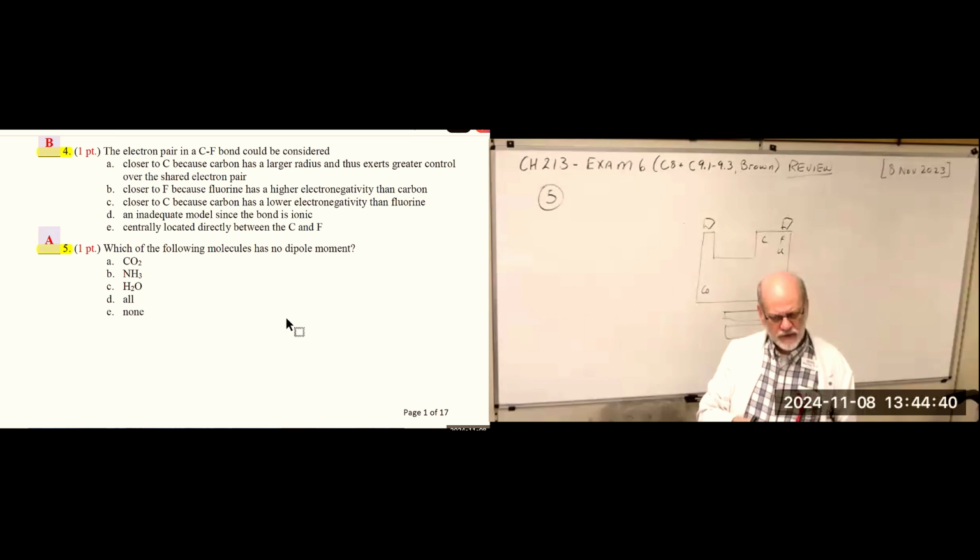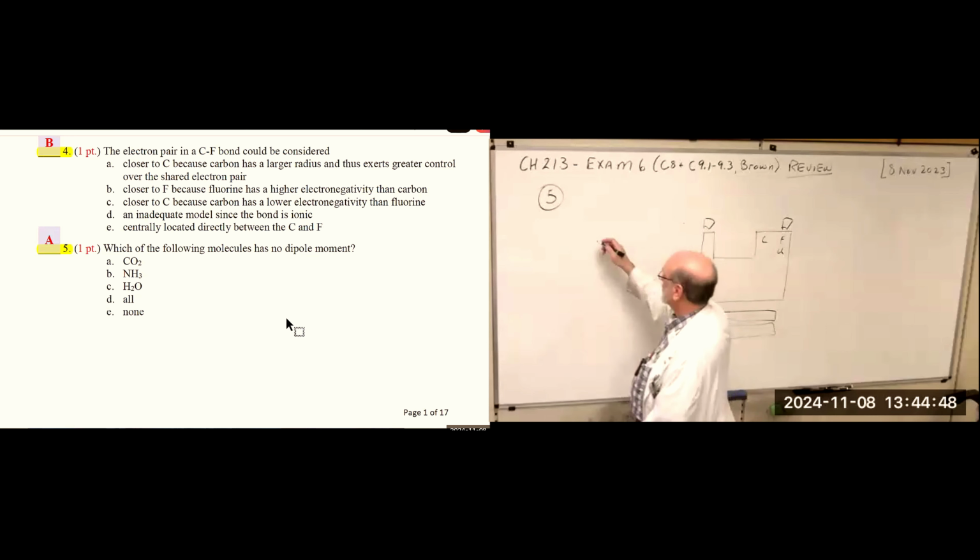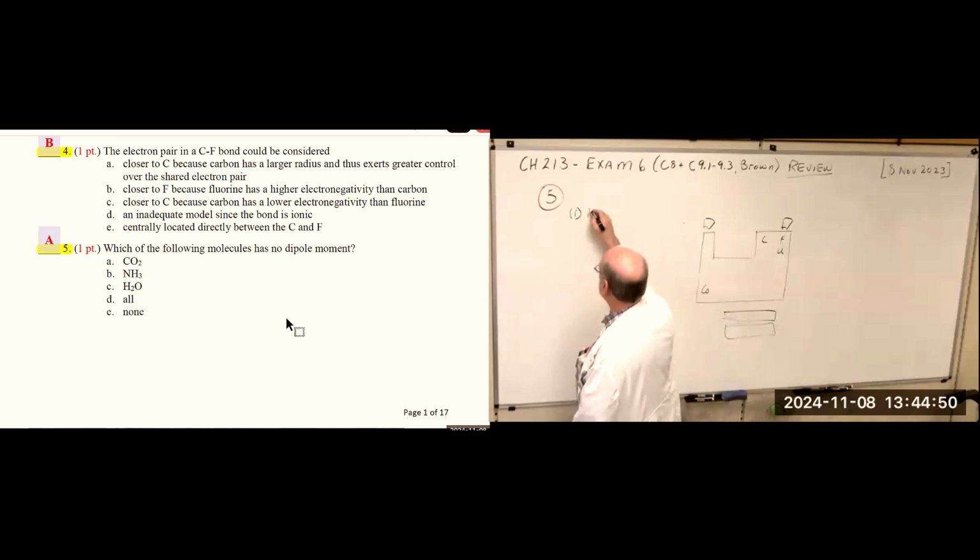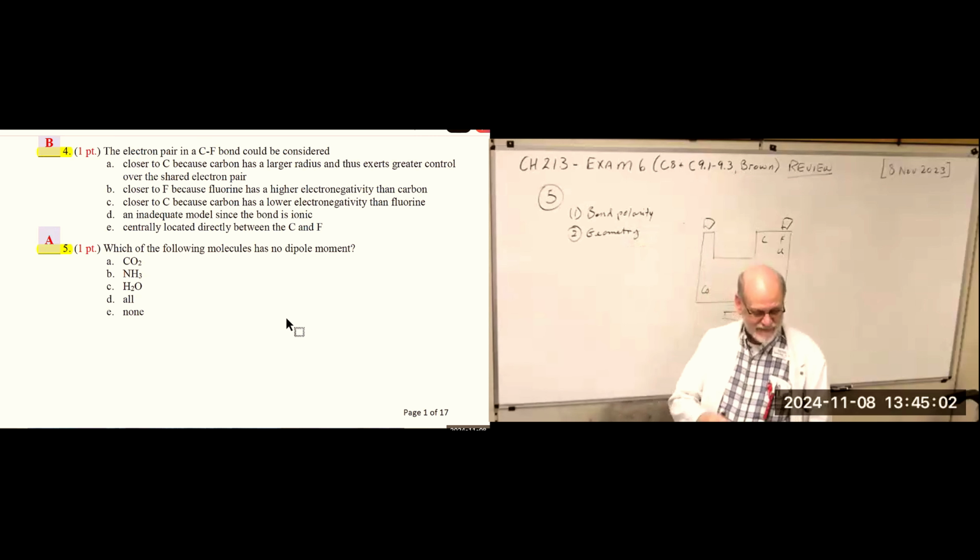What are the two things we need to predict the dipole moment for a molecule? One, bond polarity. And two, geometry.